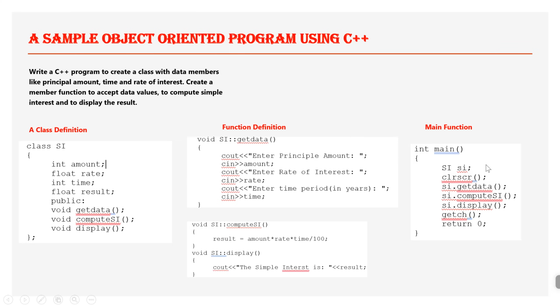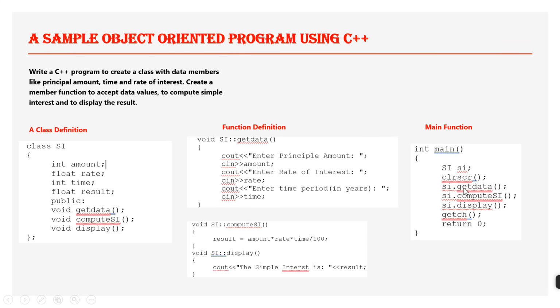But here in this case, since I am declaring only one object, that is SI, so now SI dot get data. What will happen? It goes to this function wherein I am reading a value for amount, a value for rate, a value for time.